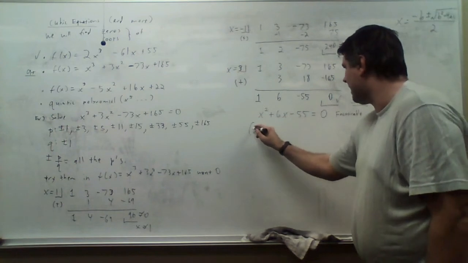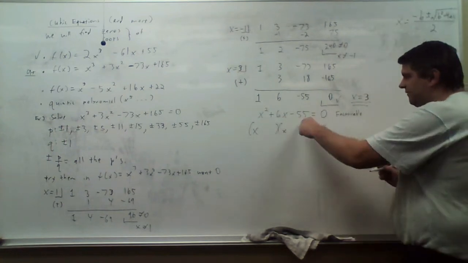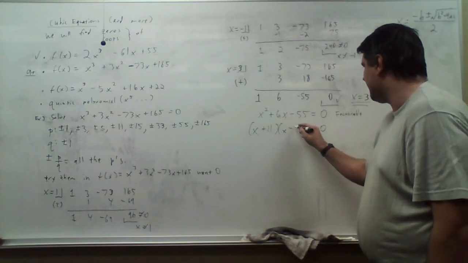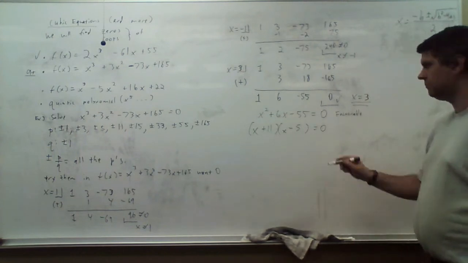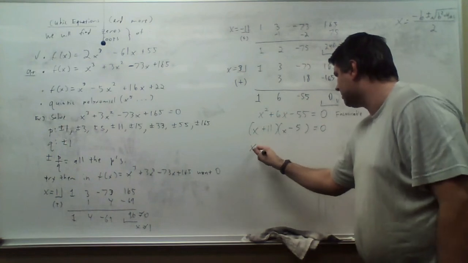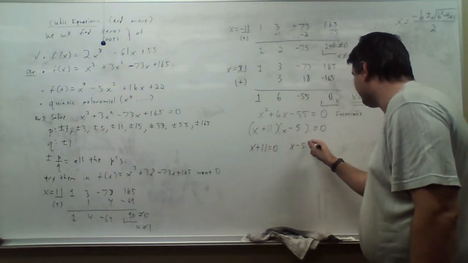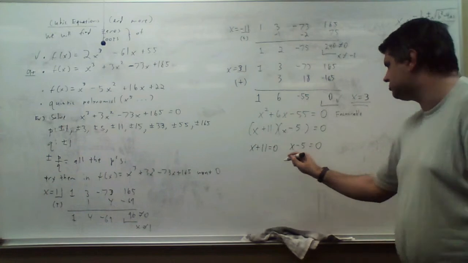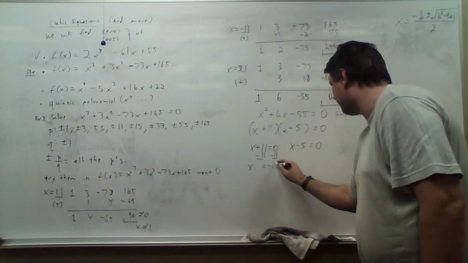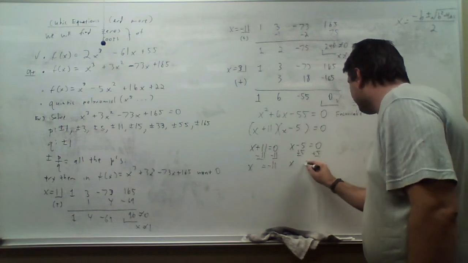I got x and x. 2 factors of negative 55 that add to positive 6 are positive 11 and negative 5. So, x plus 11 equals 0. x minus 5 equals 0. So subtract your 11: x equals negative 11. Add your 5: x equals 5.